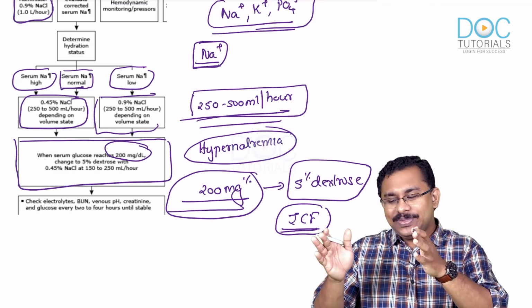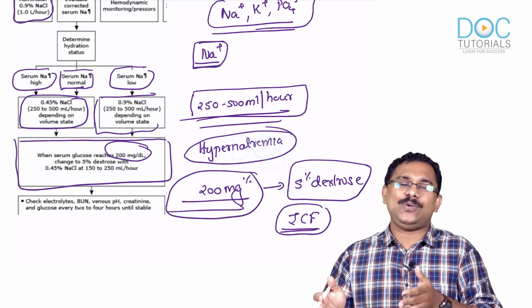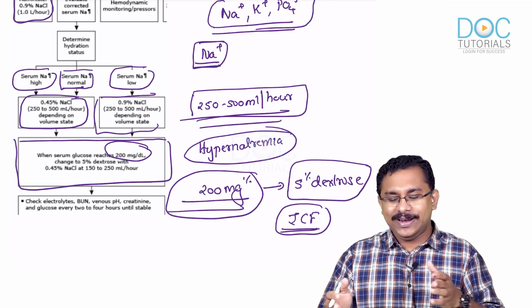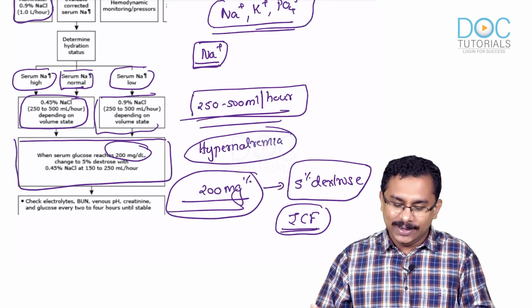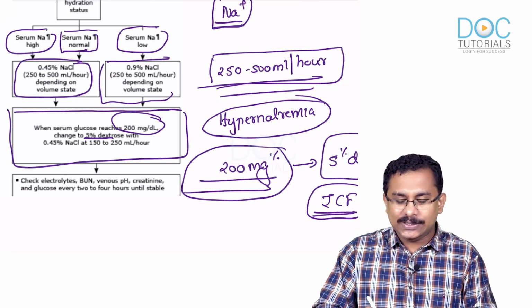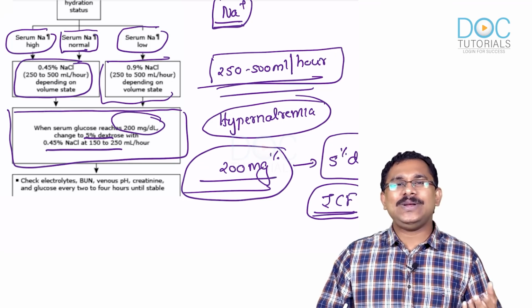All right, so that time you are giving 5% dextrose, and it also has another advantage that it will prevent hypoglycemia from developing, because already the sugar has reached 200. But if you ask me, are you completely going to stop your normal saline?